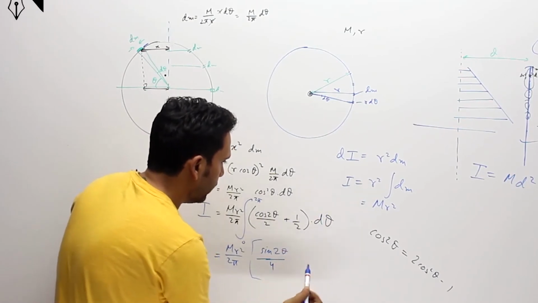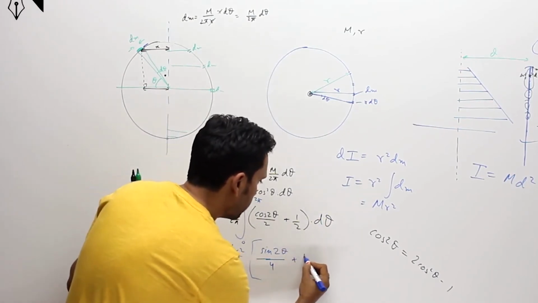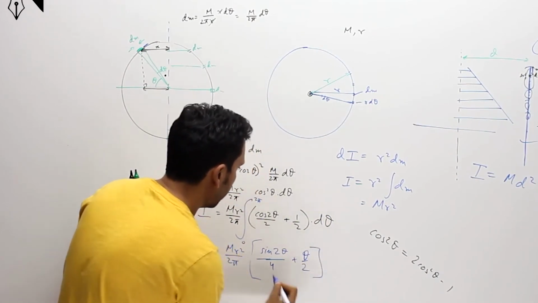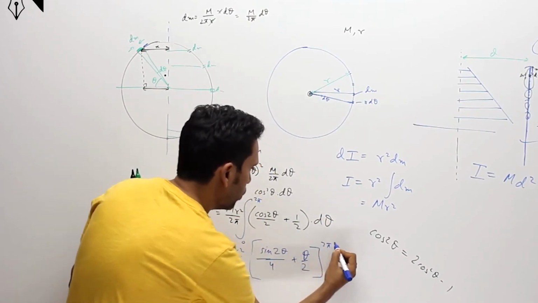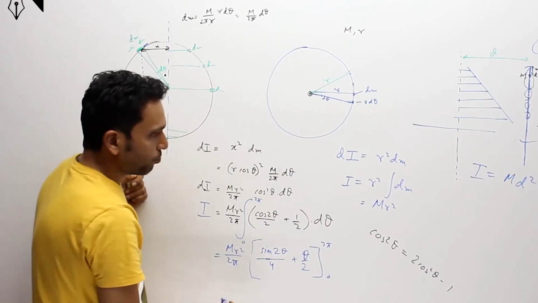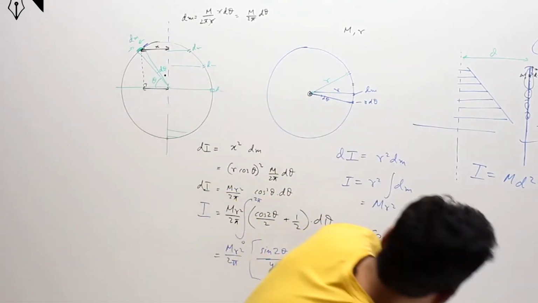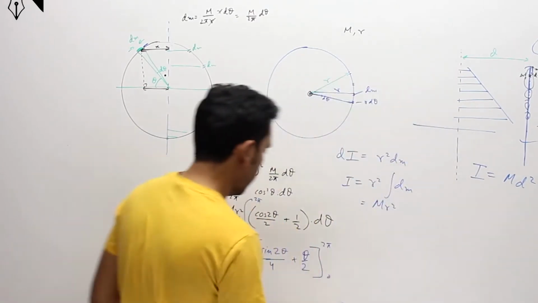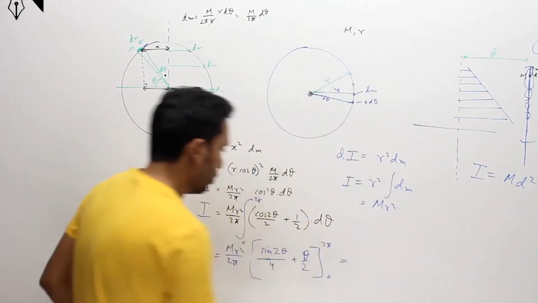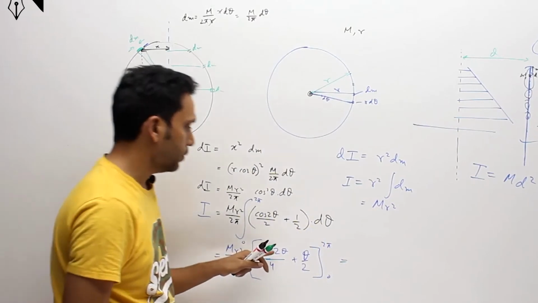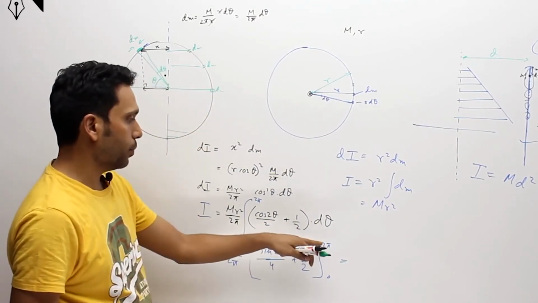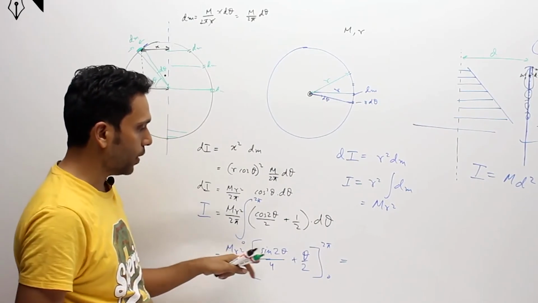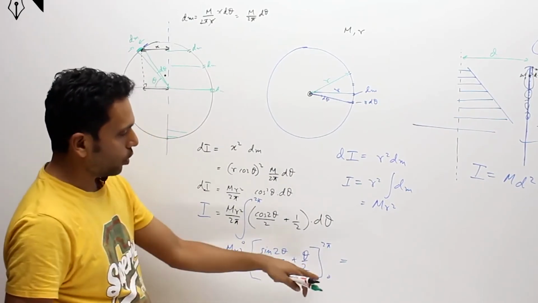For the half and d theta integration, it is half, and d theta integration gives you theta from 0 to 2 pi. Further going on, sine of 2 theta, you replace with the upper limit, which is 2 pi, gives you sine of 4 pi, which is 0, minus sine of 0, which gives you 0.